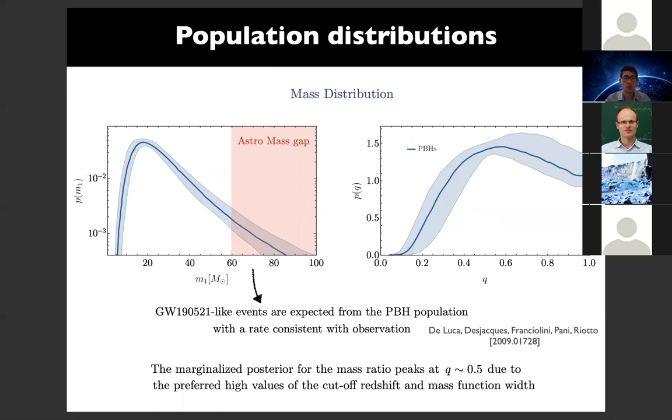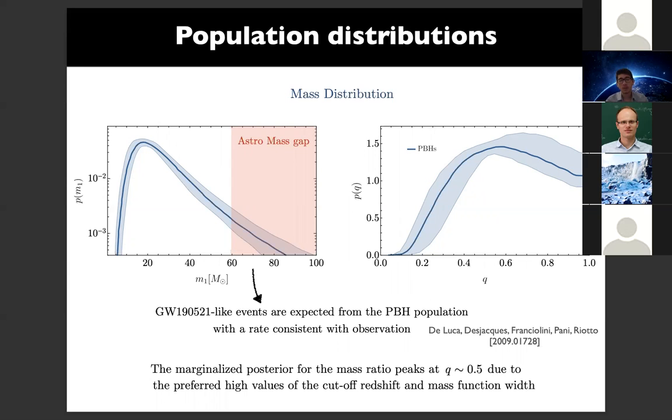So it falls within the astrophysical mass gap. So events like GW190521, in which at least one of the components lies within the mass gap, are expected from this primordial black hole population that we found, with a rate which is consistent with the observed rate.